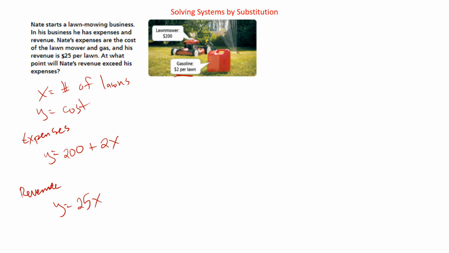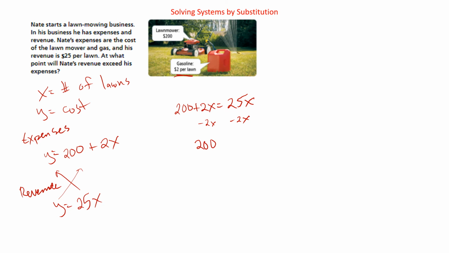So we have y equals this, we have y equals this. Sometimes when people have y equals and y equals, they kind of freak out. It's like, well, what do I solve for? Well, if y equals 200 plus 2x and y equals 25x, doesn't 200 plus 2x just equal 25x? I mean, you could substitute either one of them in, it doesn't matter. So we have that. We can subtract the 2x over.